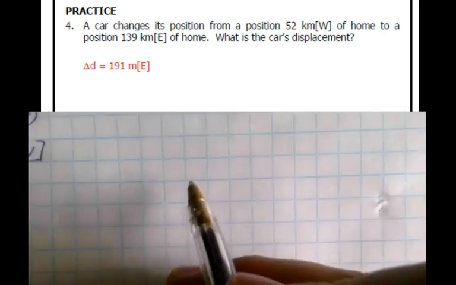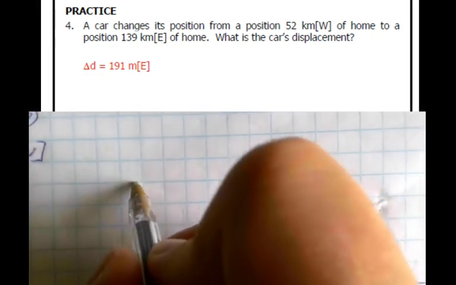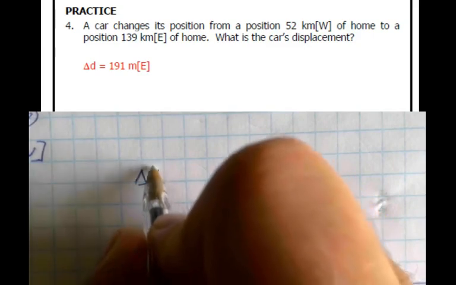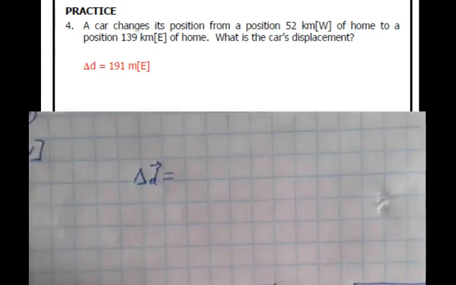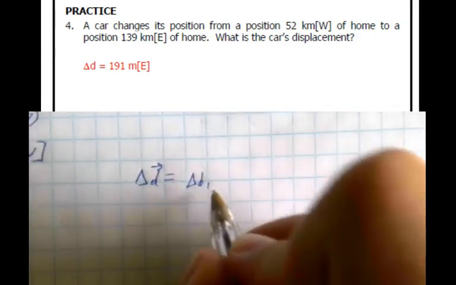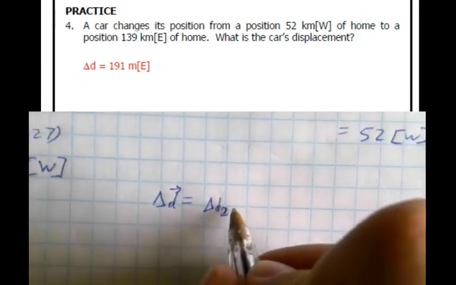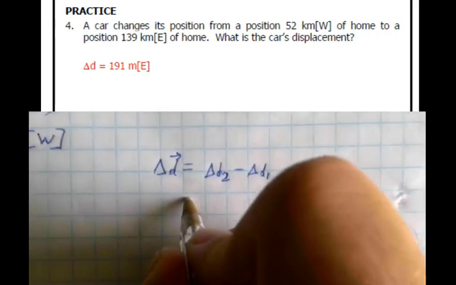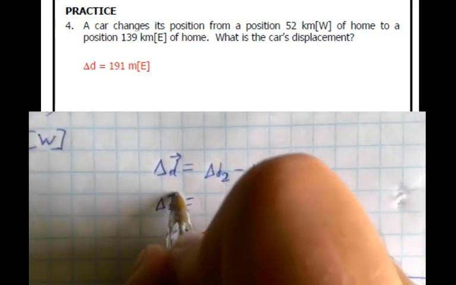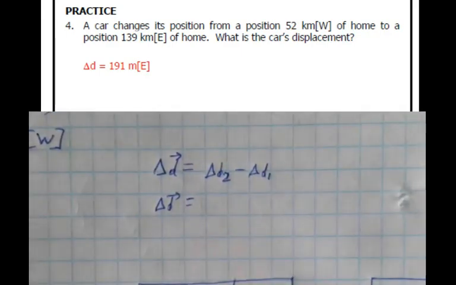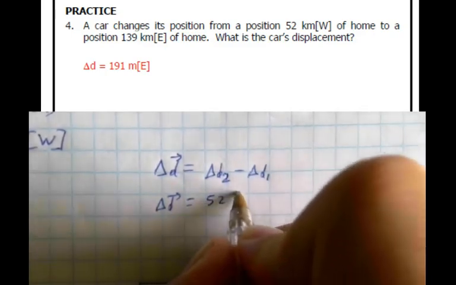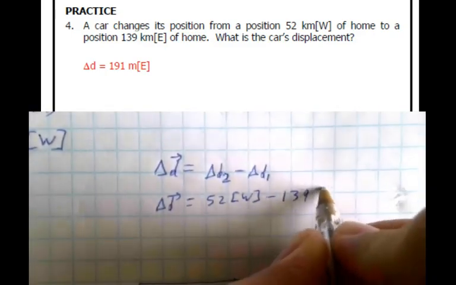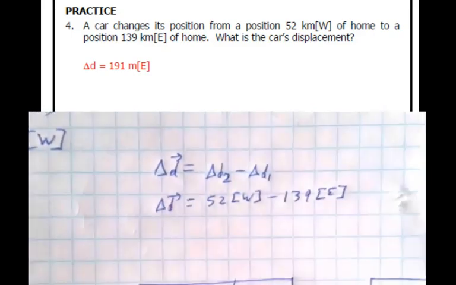Okay, let's solve this one by looking at the change in position. Because we're given two positions, our delta D, which is our displacement, is equal to position 2, the final position, minus position 1, which is the initial position. That is, our initial position is 52 west minus 139 east.